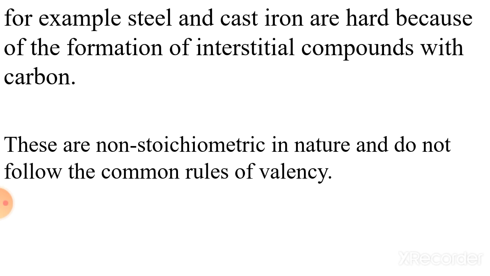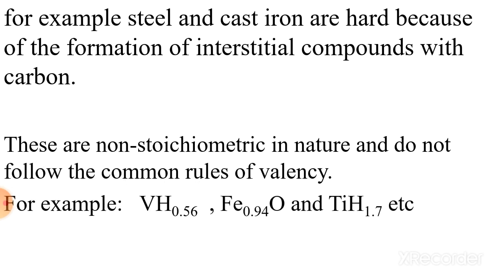Some more points to note about interstitial compounds: these compounds have similar chemical properties to the parent metal, but differ appreciably in their physical properties such as densities, hardness, and conductivity. Some examples are given here. Look at the example, VH0.56.